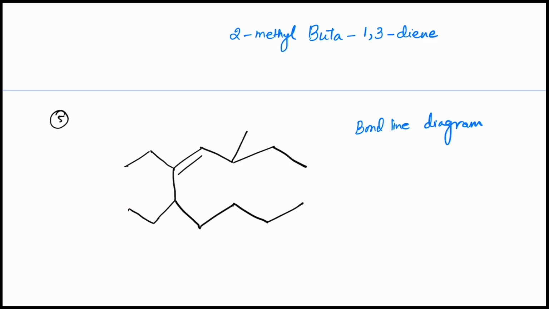But for now, all you need to know is that any end point is a carbon atom, and also anywhere two lines are meeting is a carbon atom. So I will just go ahead and mark all the carbon atoms. You can also see that there is a double bond present.